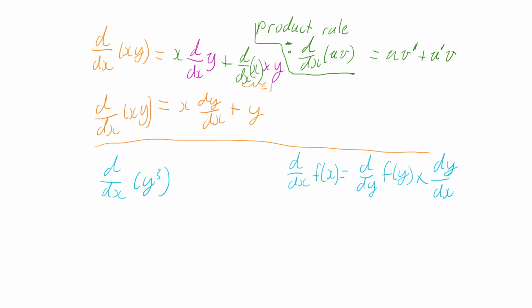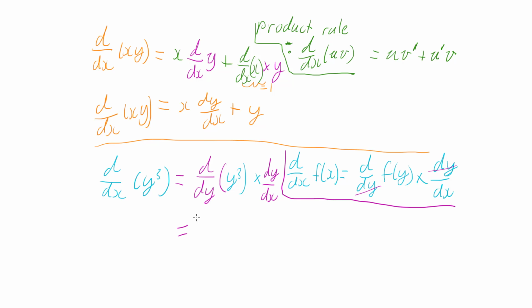So technically the dy's cancel out and I've got d/dx of f of y. So I'm going to have d/dy of y cubed, multiplied by dy/dx.